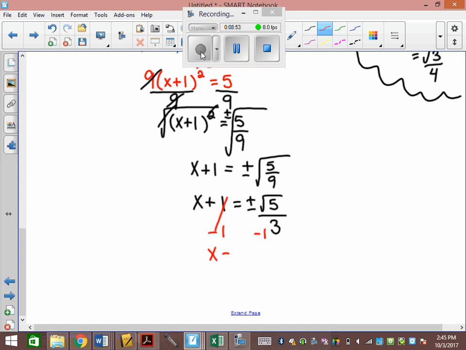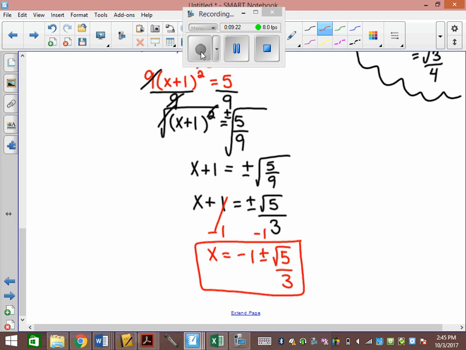So you get x = -1 ± √5 over 3. Now this answer is good. It would give me 2 x-intercepts, correct? It would give me -1 + √5/3 and -1 - √5/3. So I get 2 decimals, correct? It's a good answer. But sometimes they have the answer together, okay?